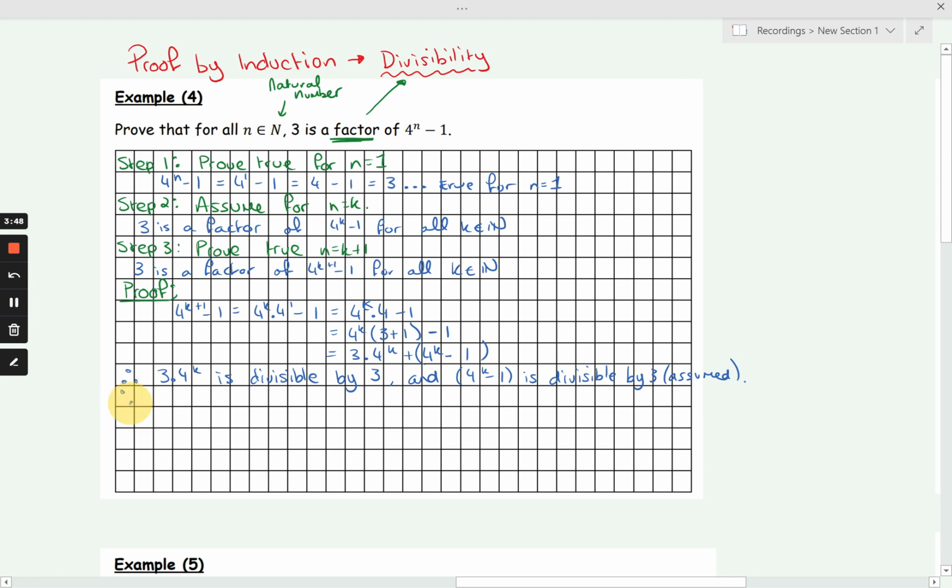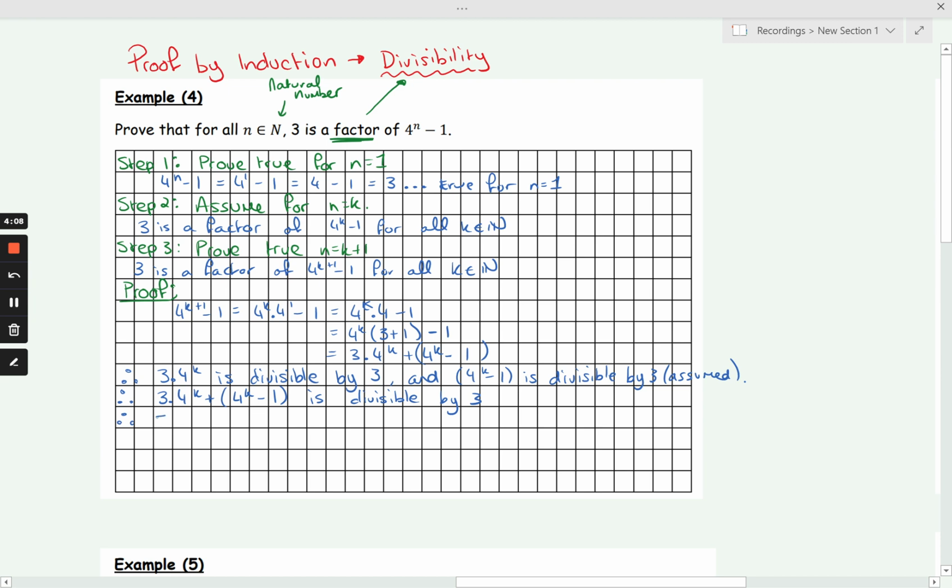If each term is divisible by 3, I can say the whole thing is divisible by 3. So 3 times 4 to the power of k plus 4 to the power of k minus 1 is divisible by 3. And if these are both divisible by 3, 3 has to be a factor.